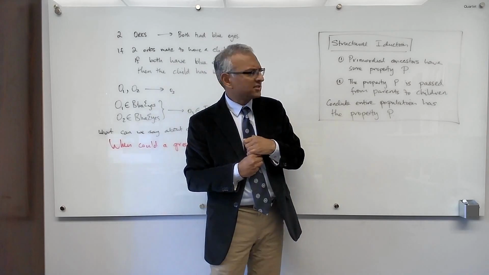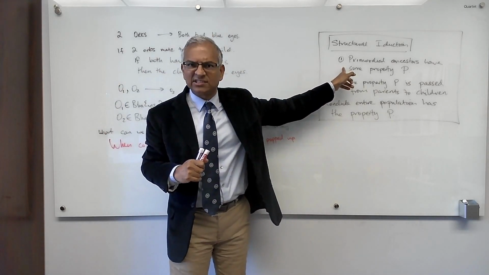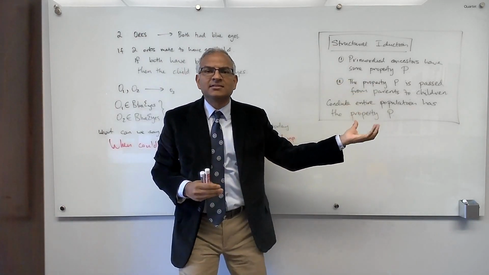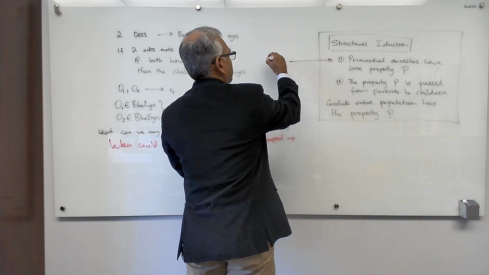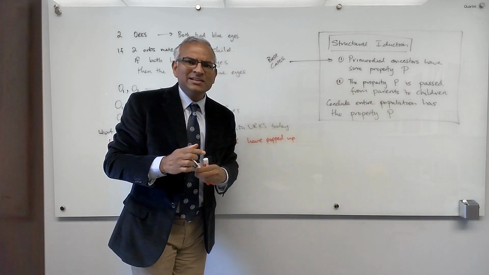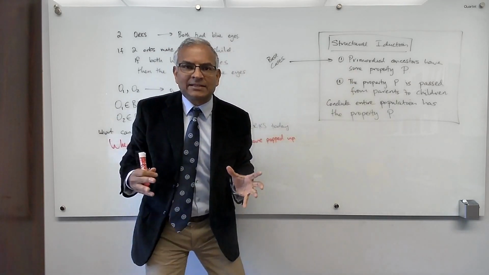Okay, but instead, let me just show you how this applies to recursive sets. Recursively defined sets. Well, who are the primordial ancestors? Those are your base cases. So the equivalent of the primordial ancestors are the base cases in a recursively defined set. And what is this concept of a property? Well, that's a predicate.